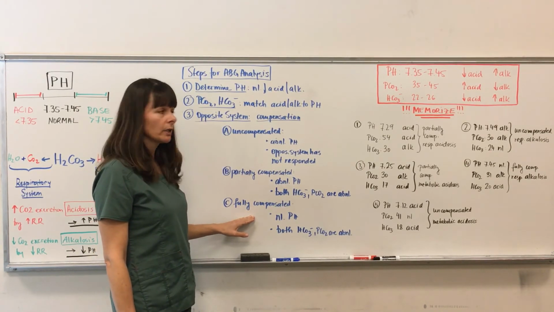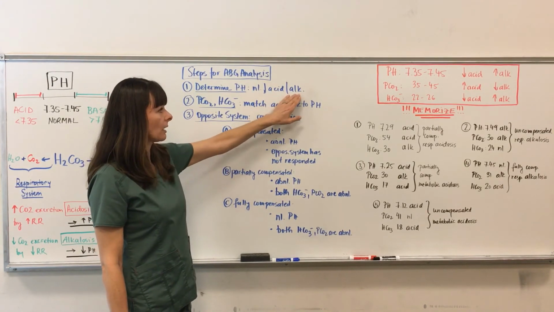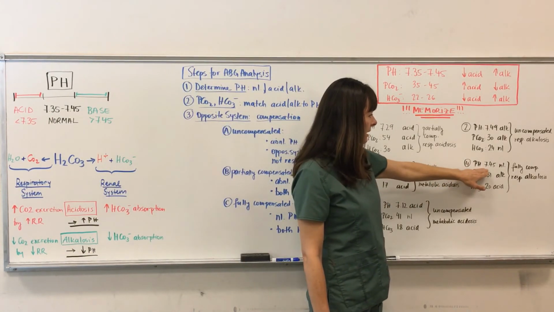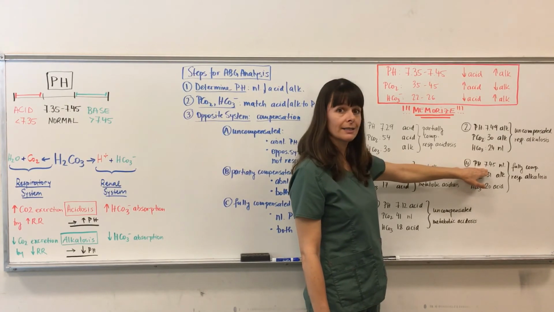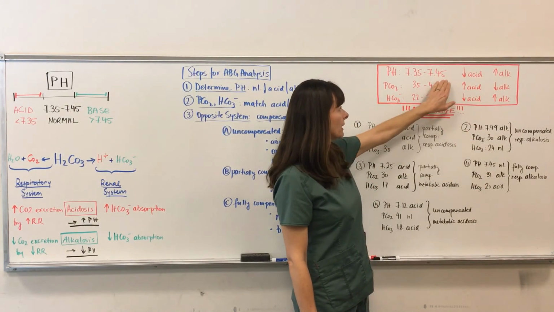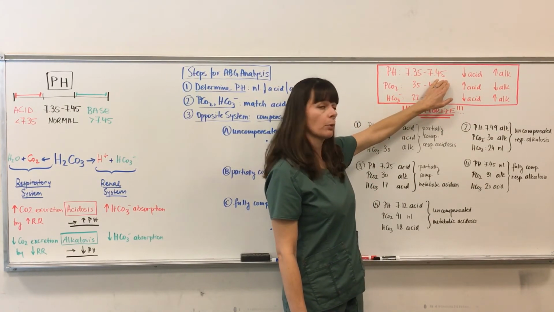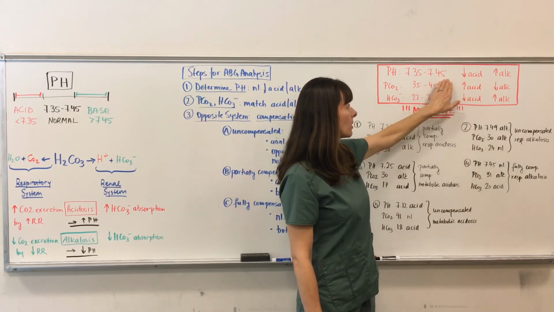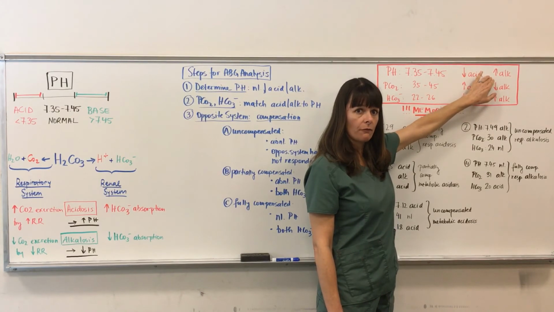But how do we determine whether we were alkaline or acidotic before? If you look at this pH, it's really on the alkaline side. Knowing that the normal pH goes from 7.35 to 7.45, the 7.45 is more on the alkaline side of the normal.